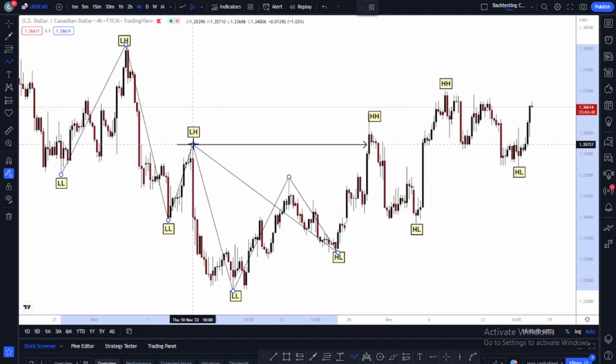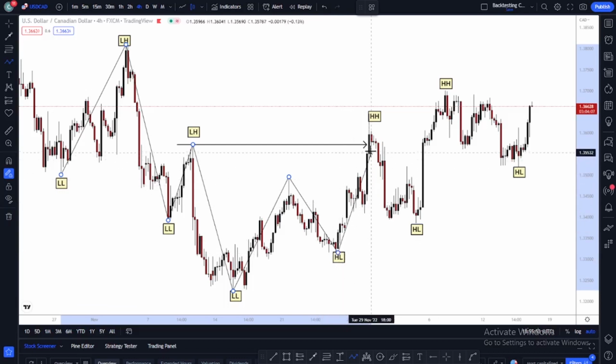We are only considering a break of structure after price closes above this lower high. This was our last lower high price did. Till price breaks that structure, it's not considered a break of structure, or to me, price hasn't changed its structure.